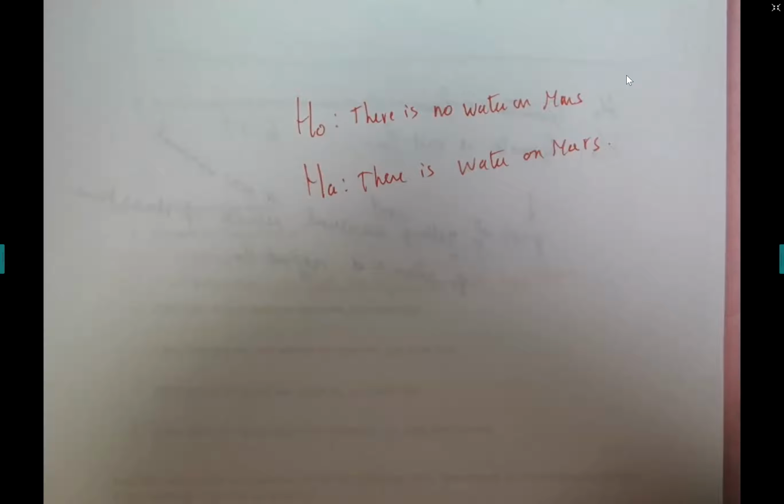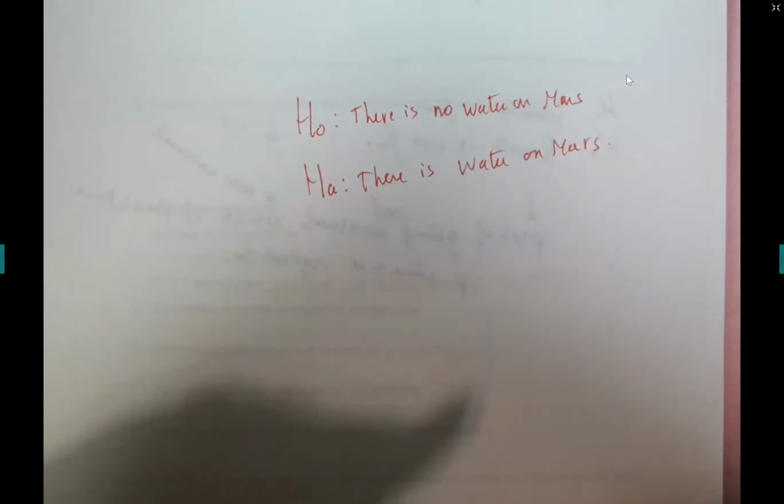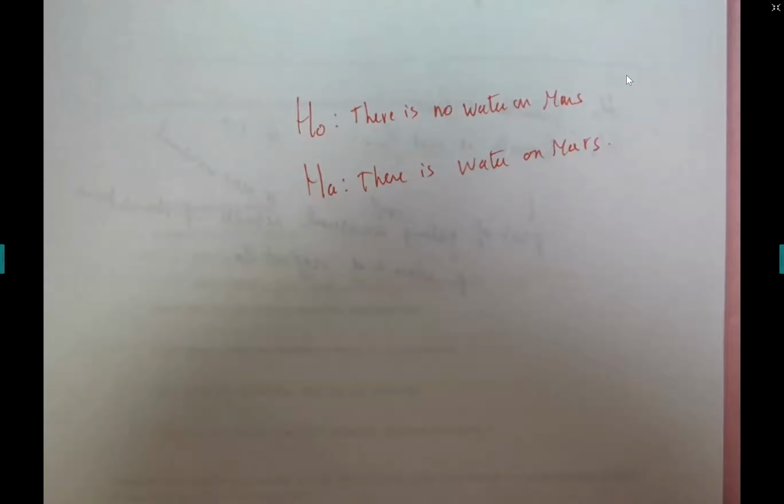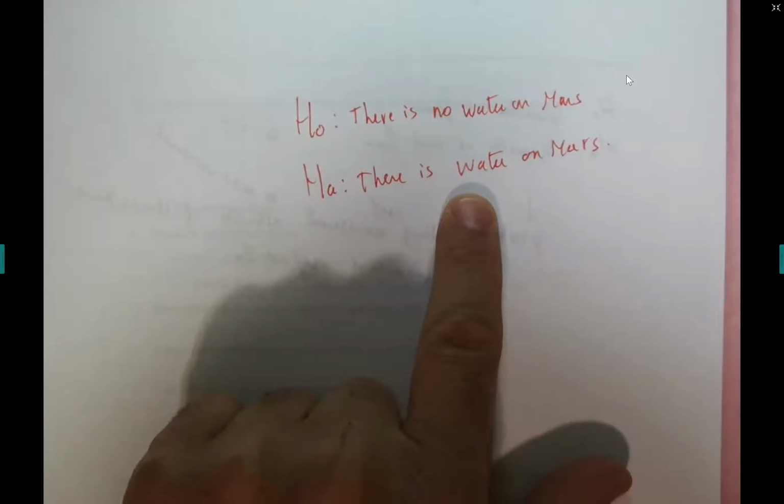Okay, can you conclude that there is no water on Mars if you just do an area of 20 square miles? The Discovery robot that they sent to Mars could not find any water.